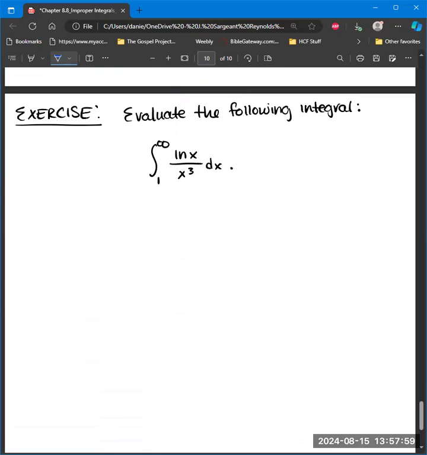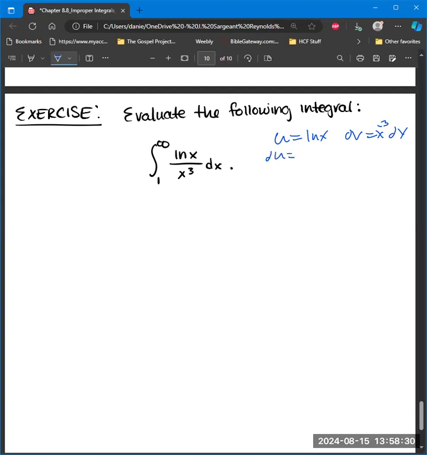So now let's evaluate this interval here. And let u be equal to ln of x and dv be equal to x to the negative third dx.